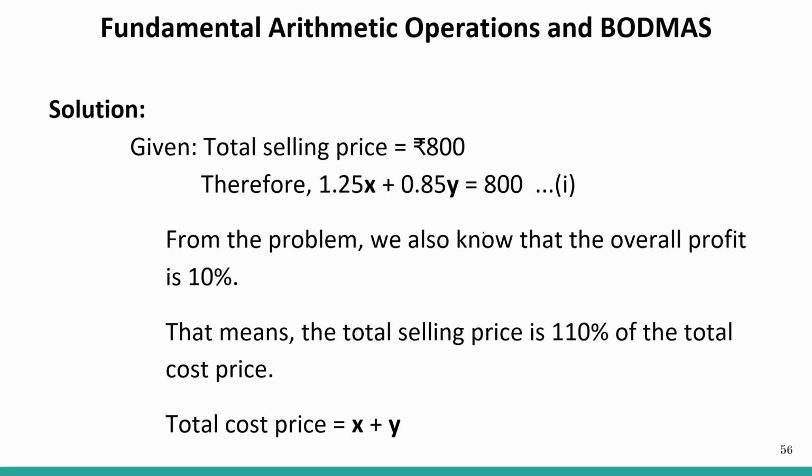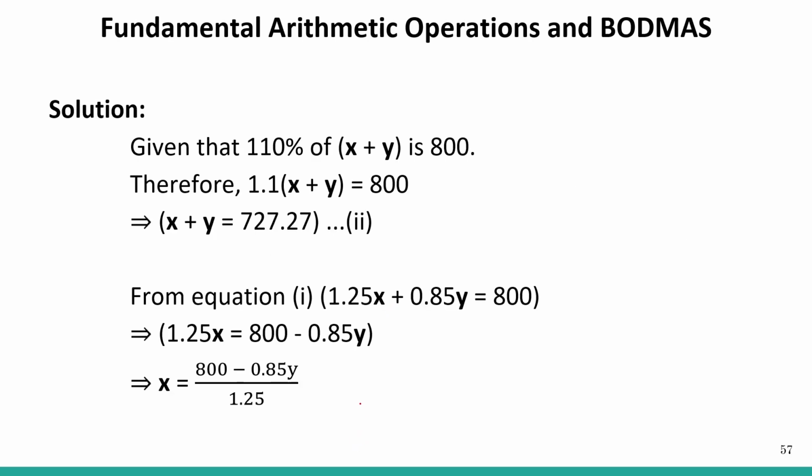From the problem, we also know that the overall profit is 10%. That means the total selling price is 110% of the total cost price. The total cost price is x plus y. Given that 110% of x plus y is 800, x plus y is 727.27. From equations 1 and 2, 1.25x plus 0.85y is equal to 800. This implies that 1.25x is equal to 800 minus 0.85y, so x is equal to 800 minus 0.85y, whole divided by 1.25.